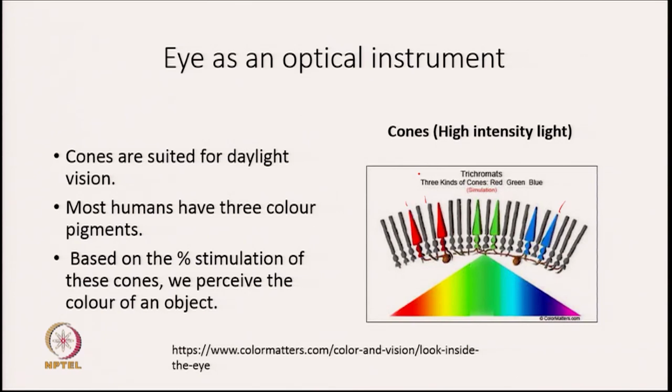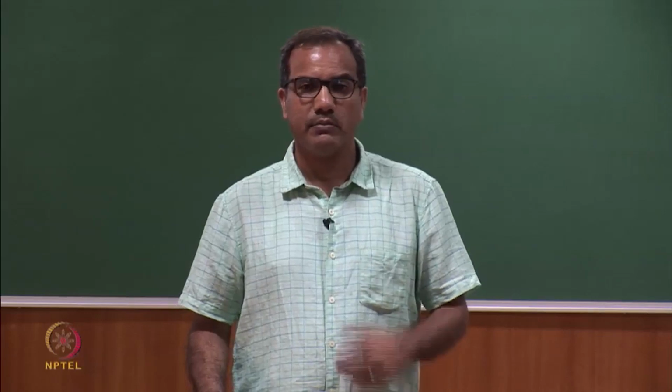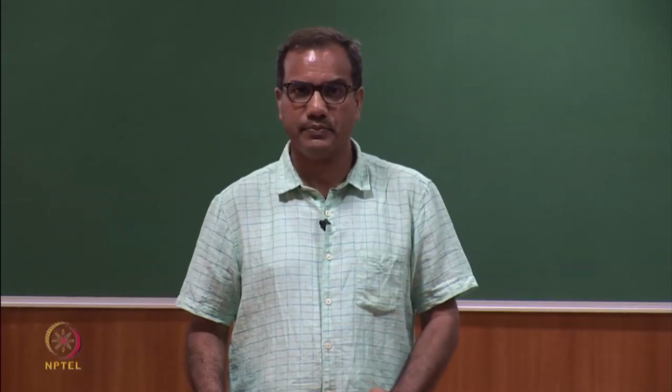So, most humans have three color pigments. That may not be true with animals or other species, but humans have three color pigments. Some humans may have two color pigments, and that may lead to color blindness.